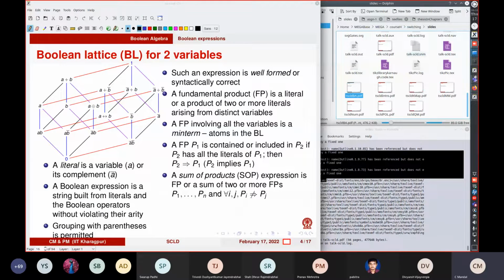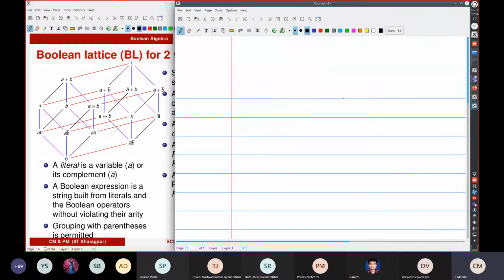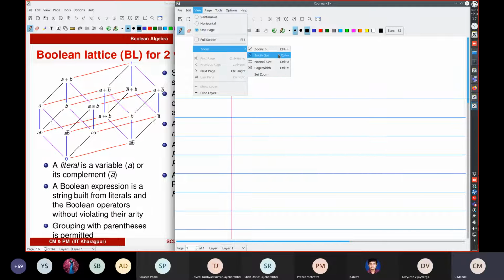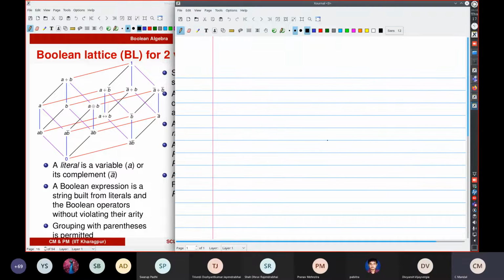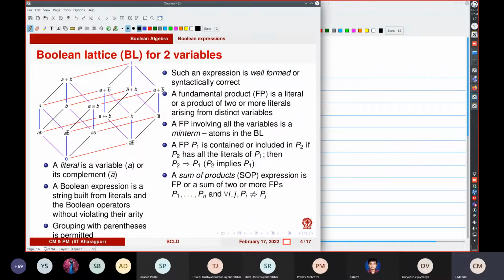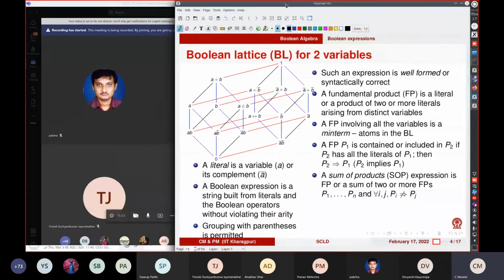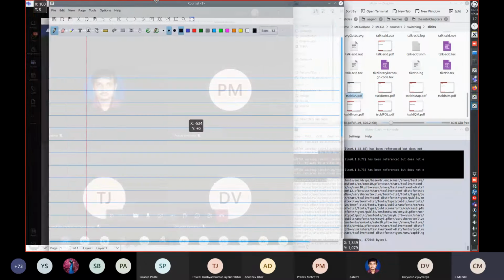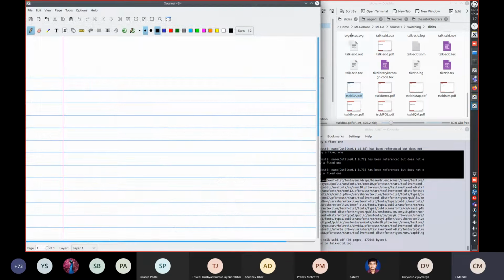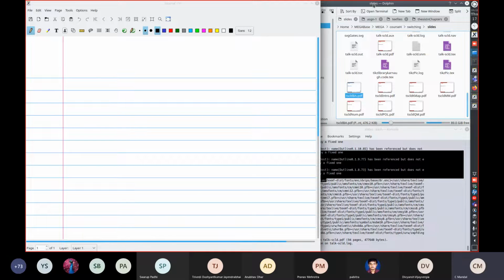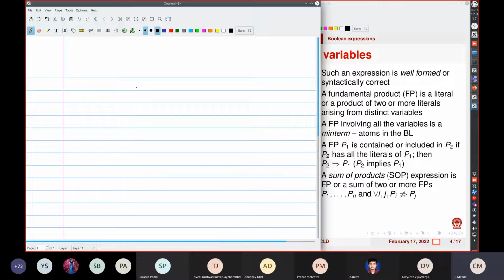So what is being said here is, this part we are looking at.